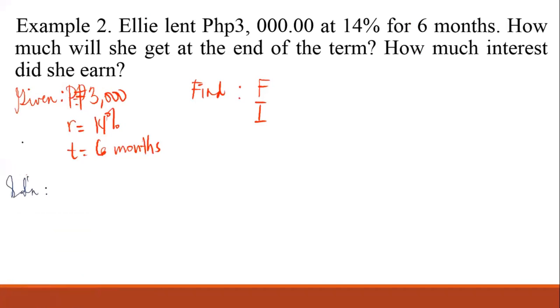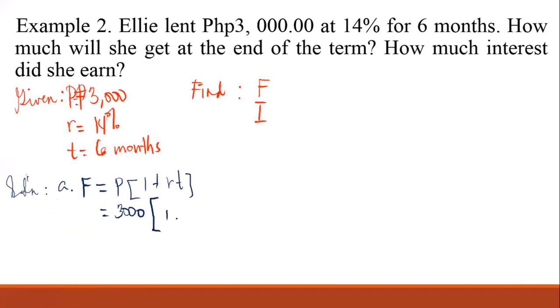So, solution for letter A, unahin muna natin si maturity value. So, we'll use this formula. F is equal to P times 1 plus RT. Okay? So, substitute lang natin yung mga values. So, given na si principal, which is 3,000.